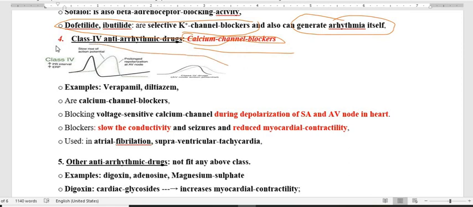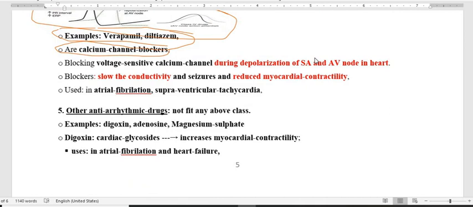The drugs we use are verapamil and diltiazem, and both block the voltage-sensitive calcium channel, particularly of the SA and AV node in the heart, and therefore slow down the conductivity and myocardial contractility.